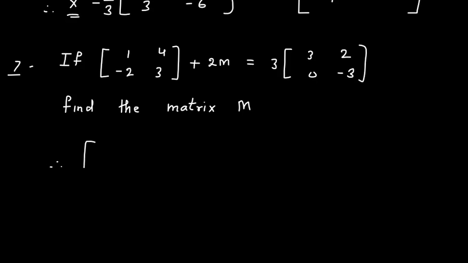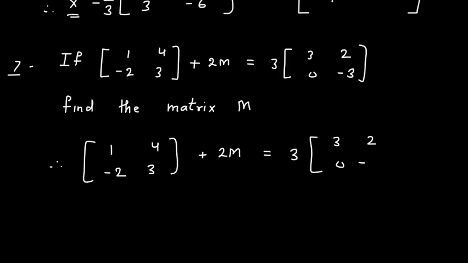So first let us write what is given. [1 4; -2 3] plus this 2m is equal to 3 times [3 2; 0 -3]. Okay, so therefore this 2m is equal to, now this 3 will multiply by 3, so 3 3s are 9, 3 2s are 6, this is 0, and 3 into minus 3 is minus 9.